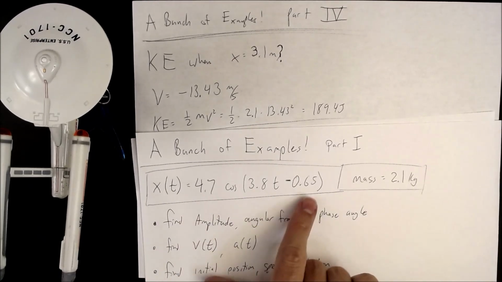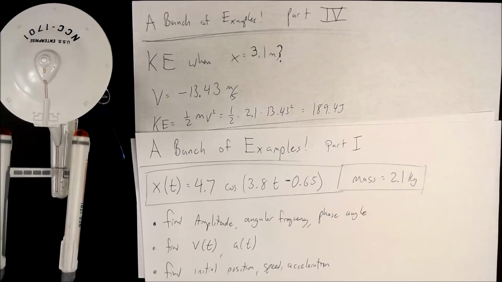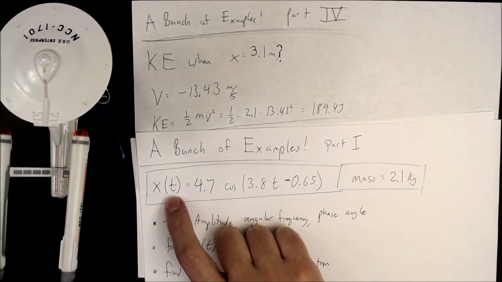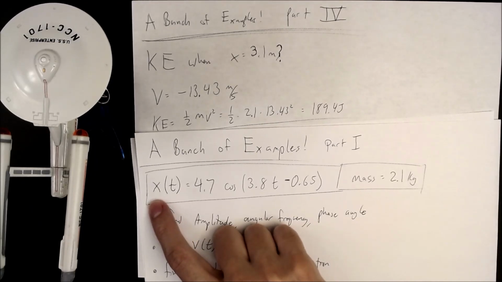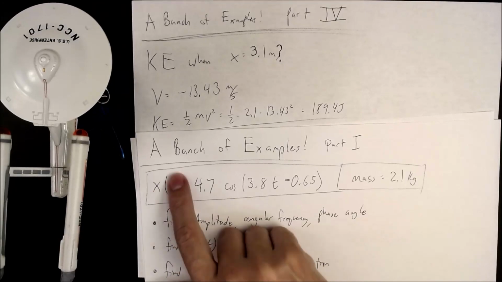Just take the derivative of that, and you've got your equation for velocity. Now, we don't know what time we're looking at, so to find that time, we need to plug in that x is 3.1 meters right there.